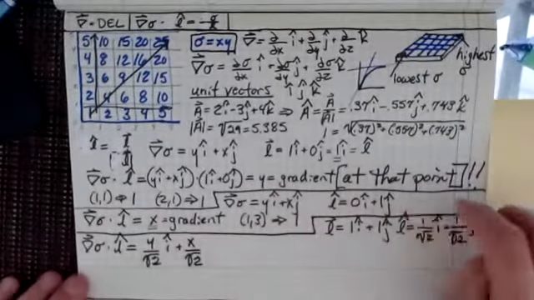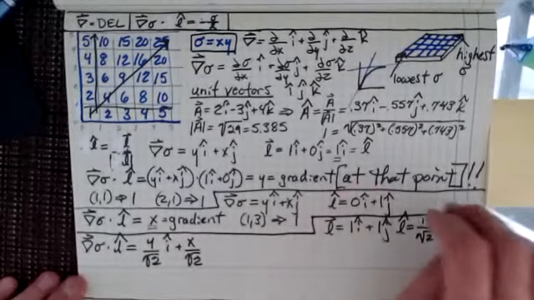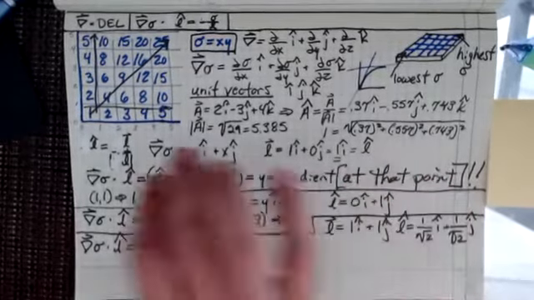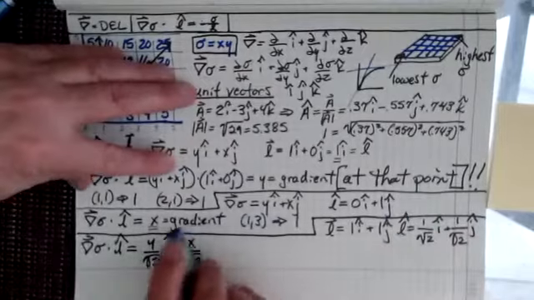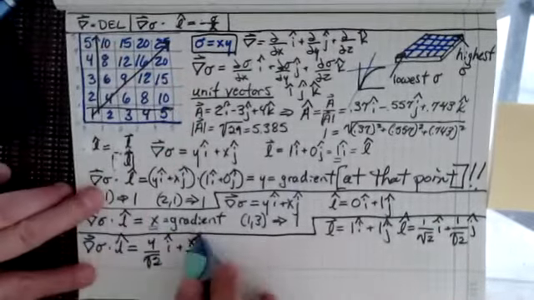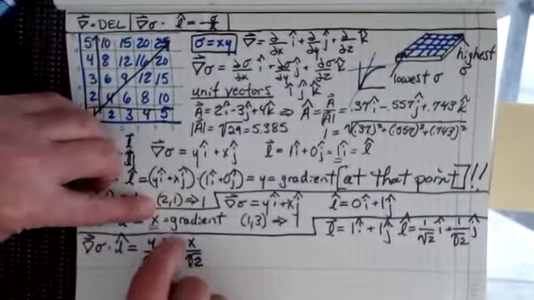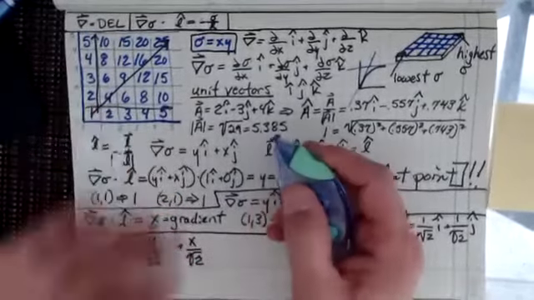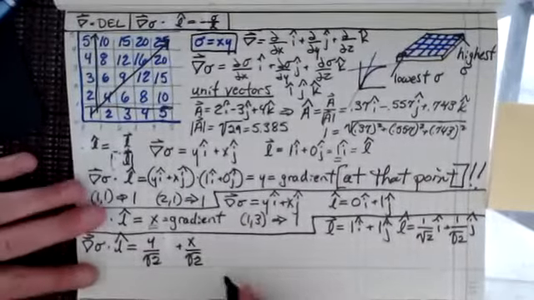I dotted them together. It's early and it's Mother's Day. So no, I got that right. I did everything right up to here. Well, good. I'm not as crazy as I thought I was. Oh, I love it when I pick up things like that.